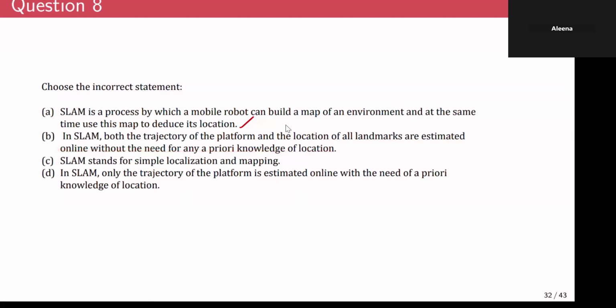That is also true. You don't need to supply any prior information for SLAM because it simultaneously gathers all the landmarks from the map, and it also localizes itself as it creates its own map.